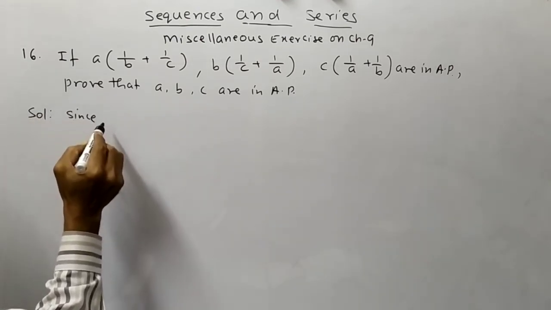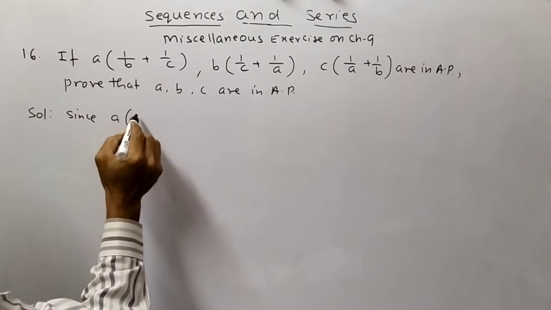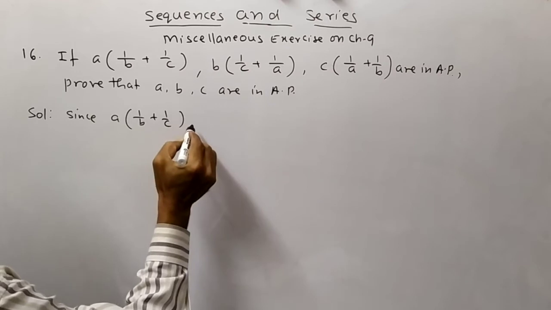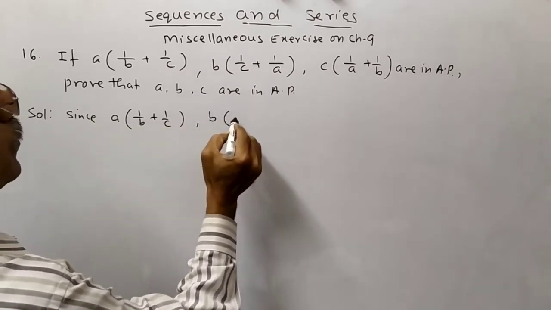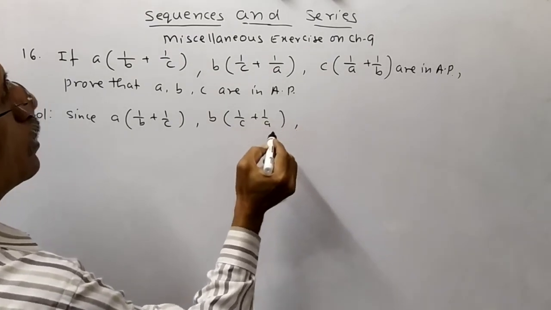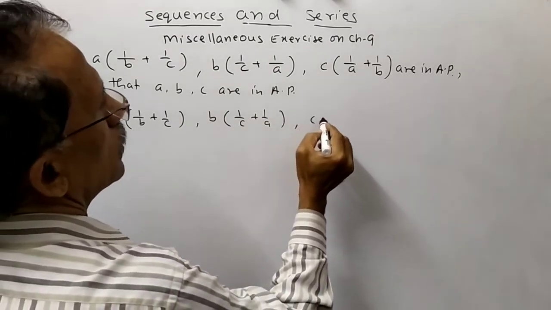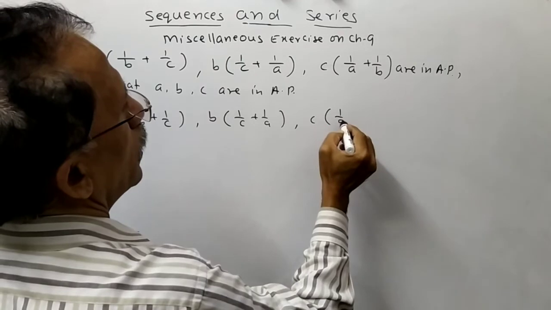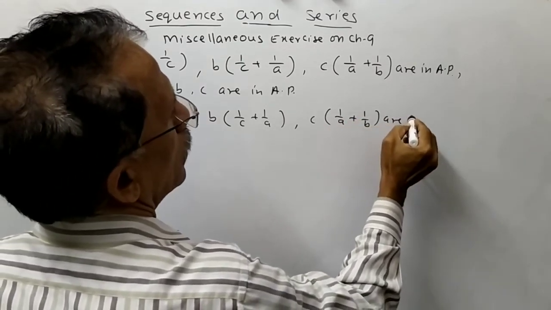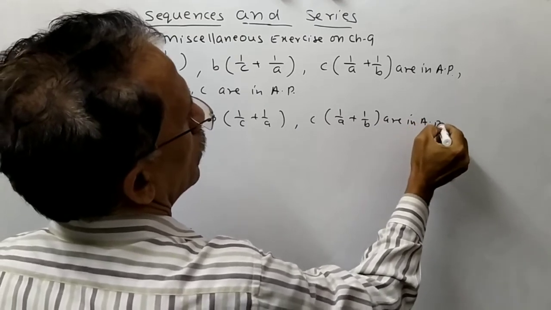Since A into 1 by B plus 1 by C, comma B into 1 by C plus 1 by A, comma C into 1 by A plus 1 by B are in AP.